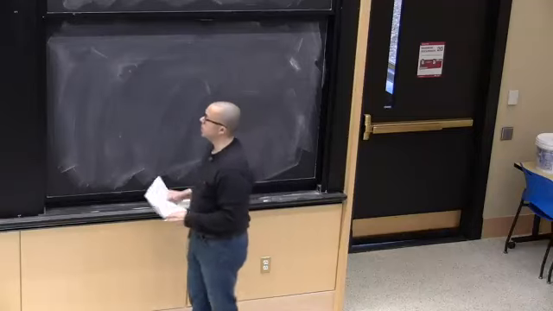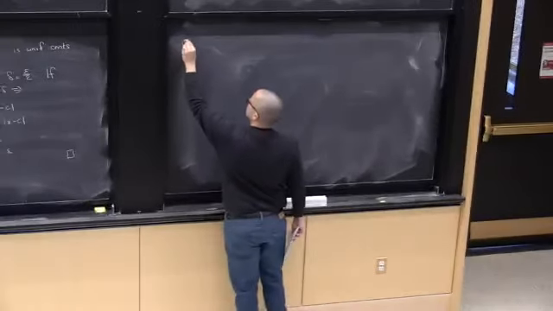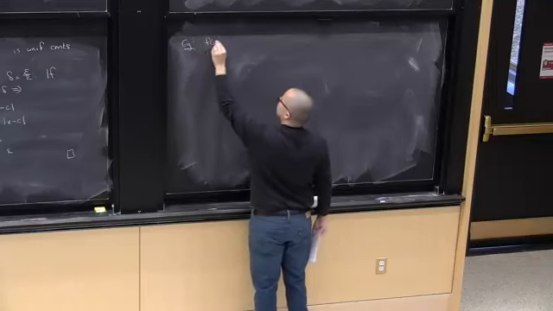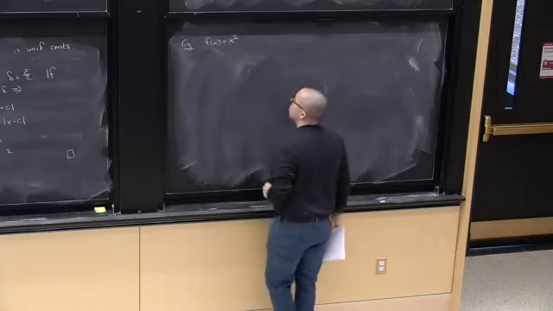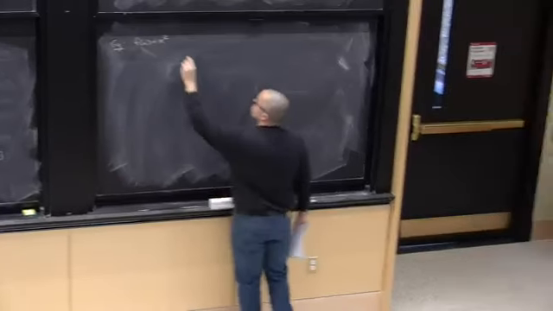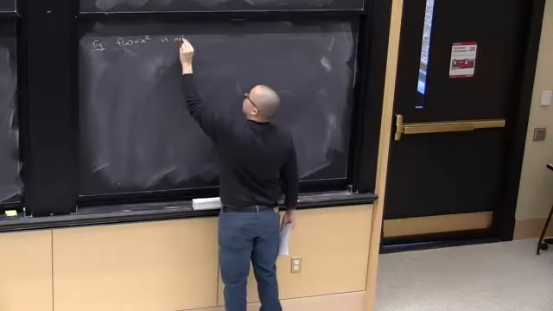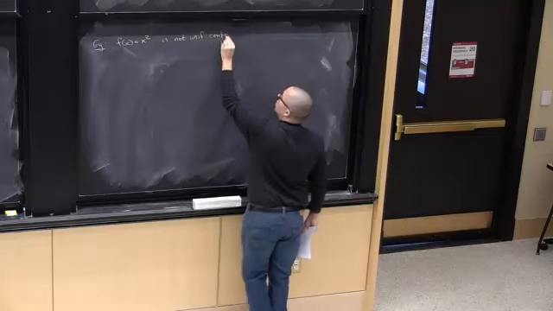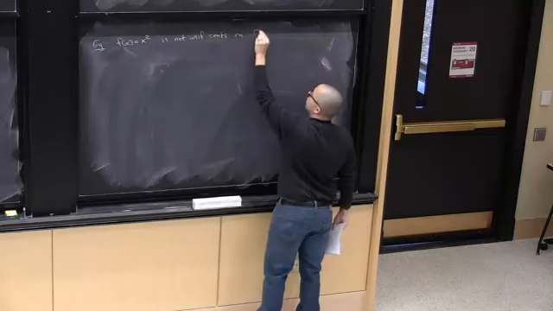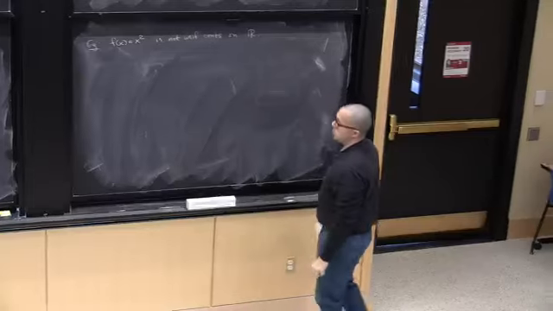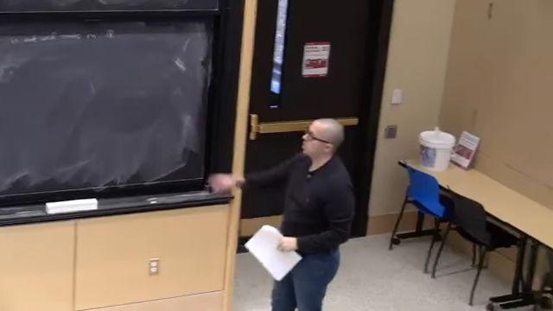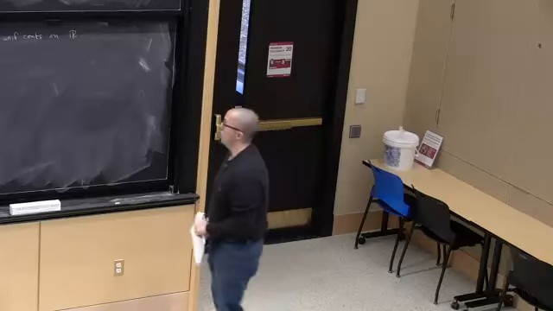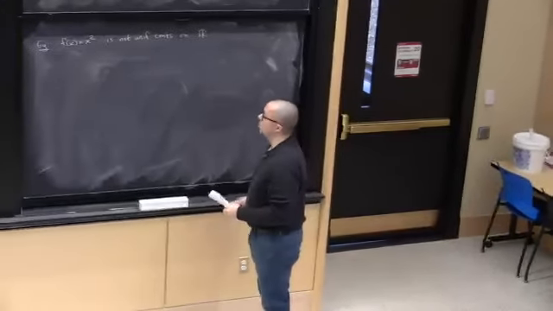Okay, and I'm not going to go over this example, but in fact, I'll leave it to you, or maybe I'll put it on the assignment. f of x equals x squared is not uniformly continuous on R. So we saw that it's uniformly continuous on the closed interval 0, 1, but it's not uniformly continuous on all of R. Okay?